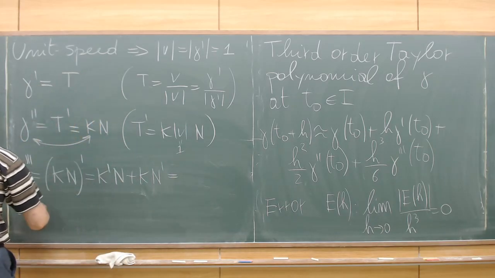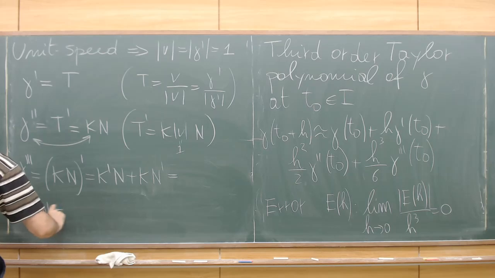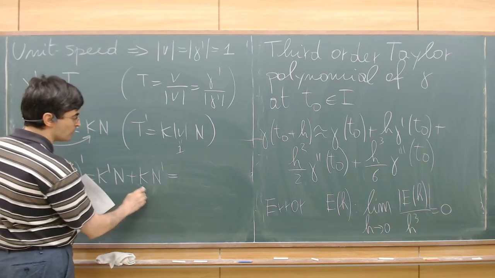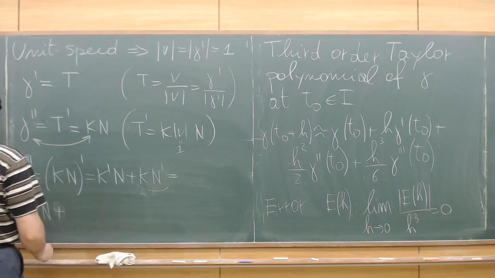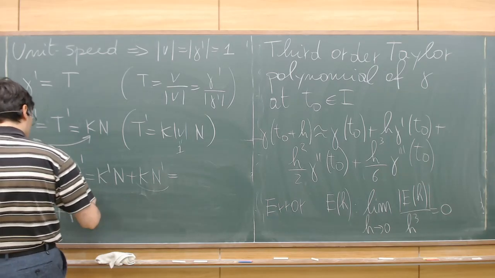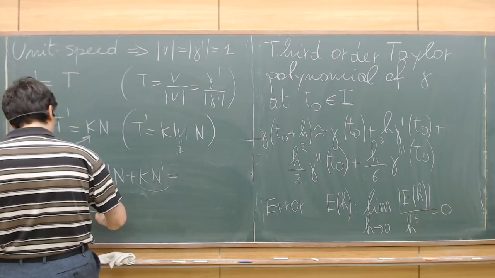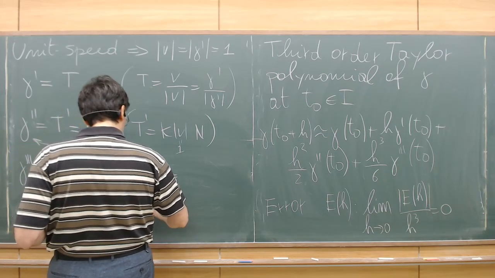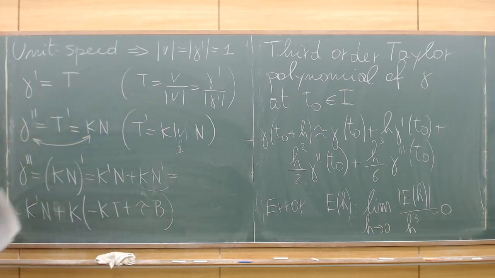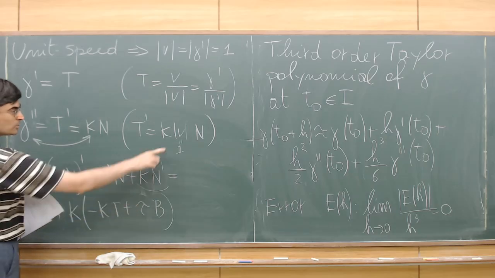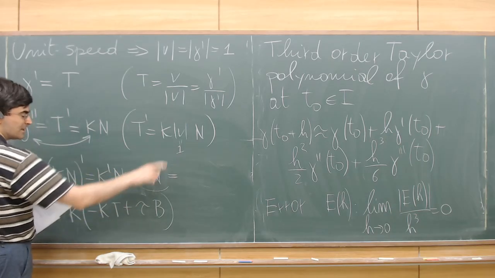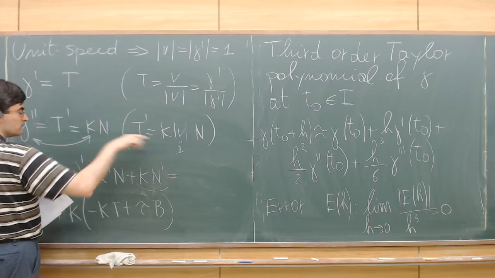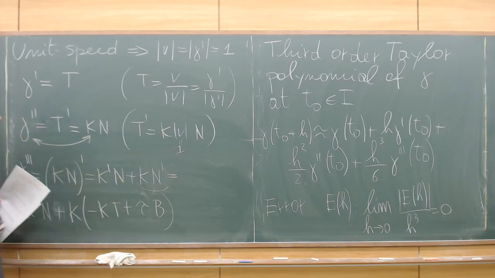Now we use the Frenet equations for this term, and we get k times minus kT plus tau B. Of course, the length of v does not appear in this formula because the length of v is equal to 1.